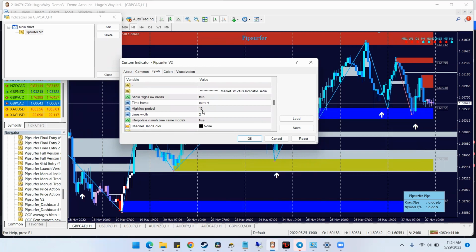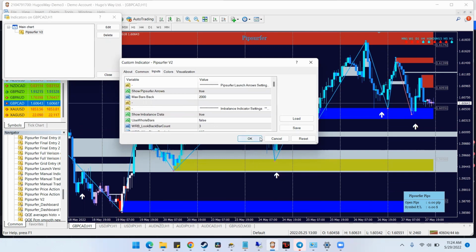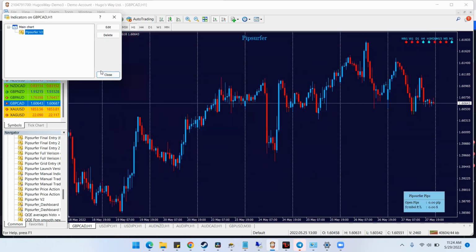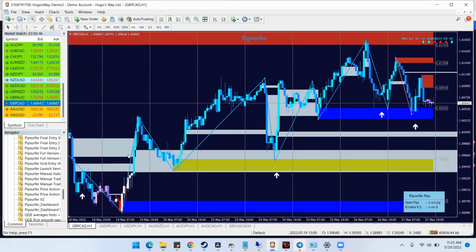The default setting will be 13, to make it very consistent and not go for every little low, every little high. It'll catch the major moves. So those are the default settings. You probably wouldn't have to mess with anything there, but if you want to know, that's what those settings are. So this is Pipsurfer, the indicator.